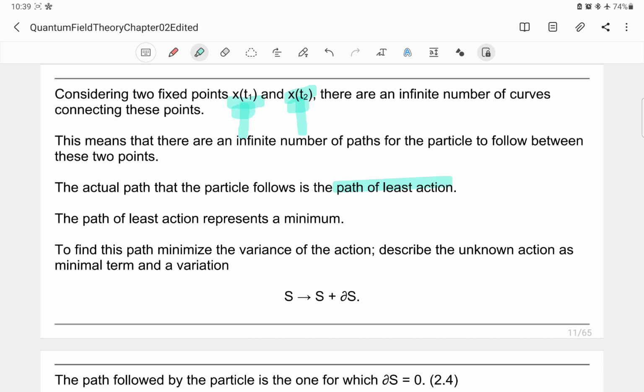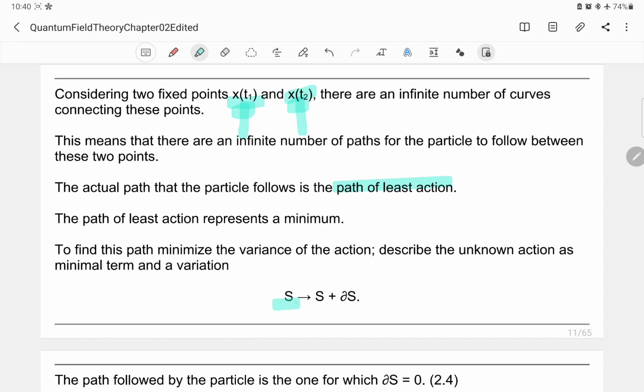So to find this, we set our action to have zero variation.